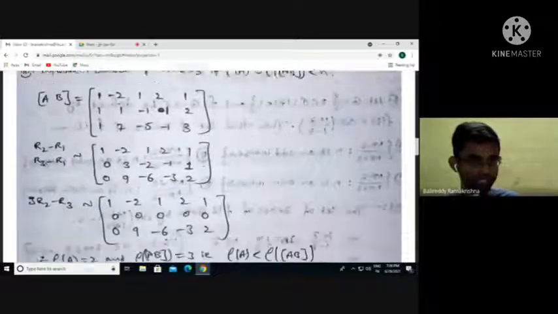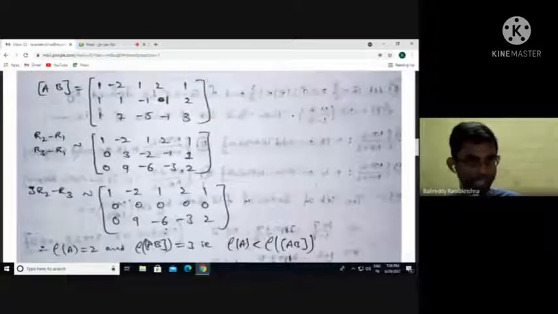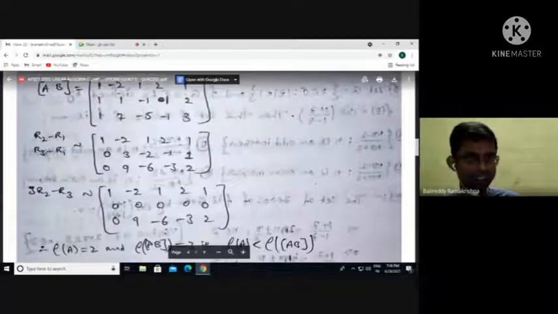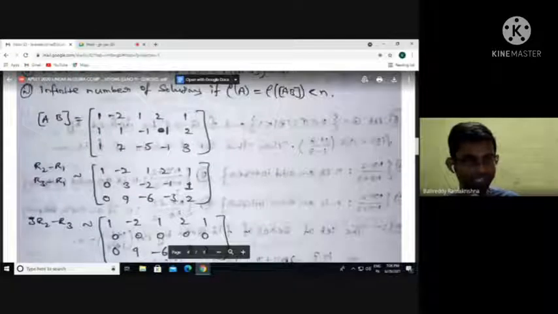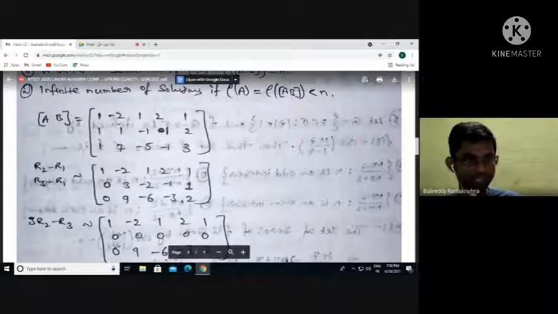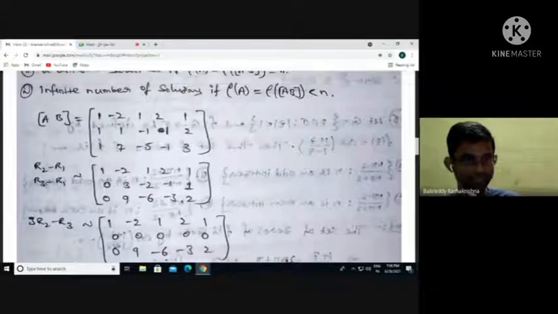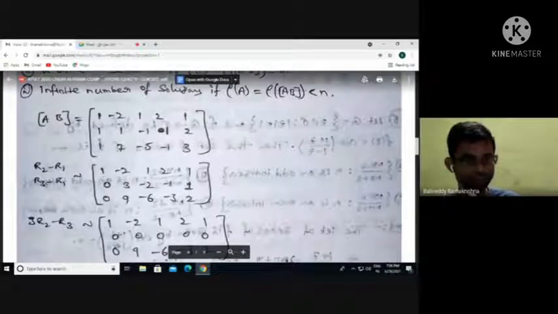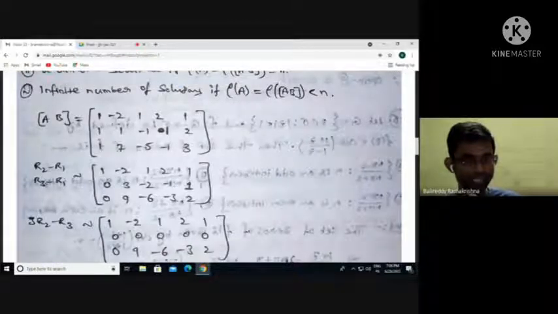Now we will convert this into echelon form. That means we use row operations to find the rank of this augmented AB. So first we use R2 minus R1 and R3 minus R1. By using row operations, we get the first row as 1 minus 2 1 2 1, and by doing R2 minus R1, this row becomes 0 3 minus 2 minus 1 1.